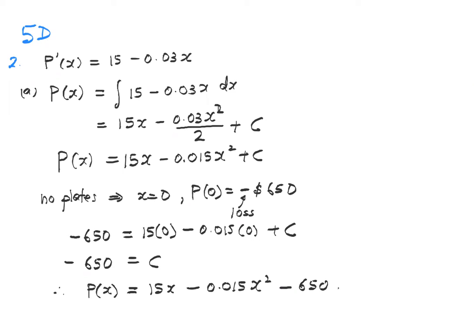Part B will be something that we learned in chapter 3. Correct? What is a maximum profit? So do we need to differentiate? No need, because it's given the rate of change of profit already. Correct?